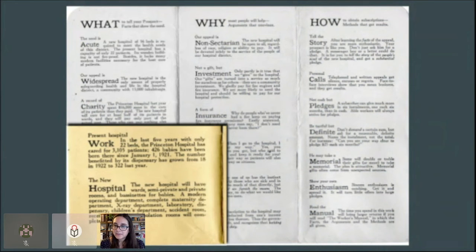The new hospital will have wards, semi-private and private rooms, and bassinets for babies. A modern operating department, complete maternity department, x-ray department, laboratory, dispensary, children's department, accident room, receiving wards, and isolation rooms would complete its facilities. So all the goals that they had in this fundraising pitch.